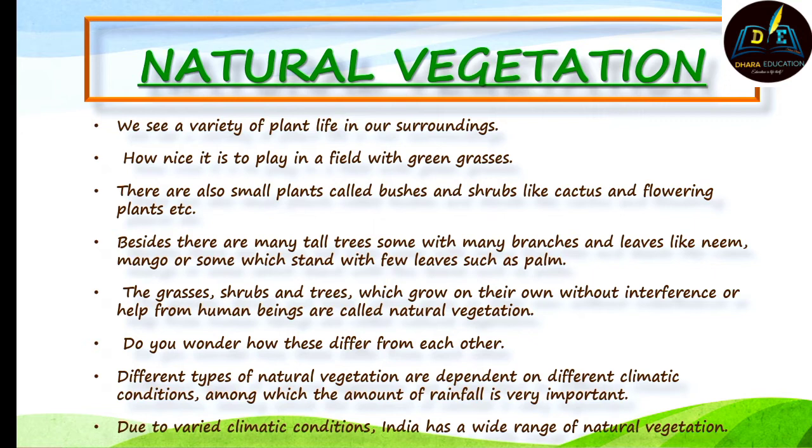So there are also small plants called bushes and shrubs, like cactus and flowering plants, etc. I am going to show you something in the next clip. Before that, we will see the small plants, bushes and shrubs. So let's start.